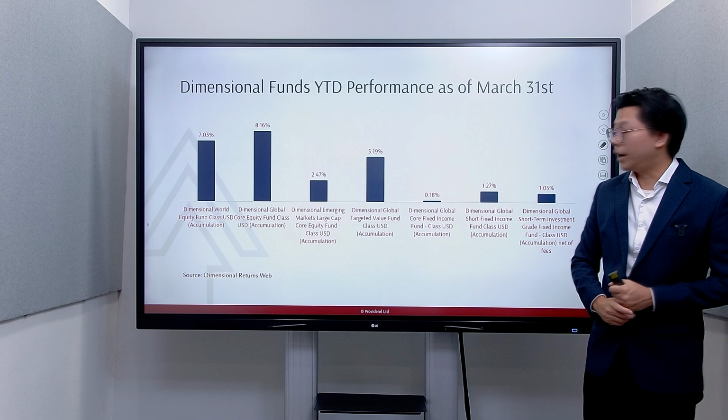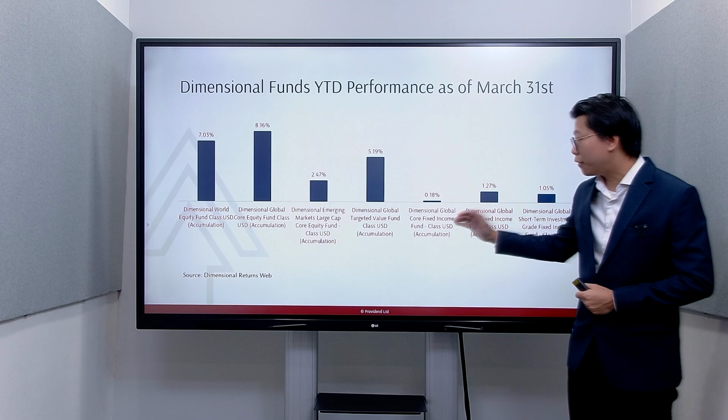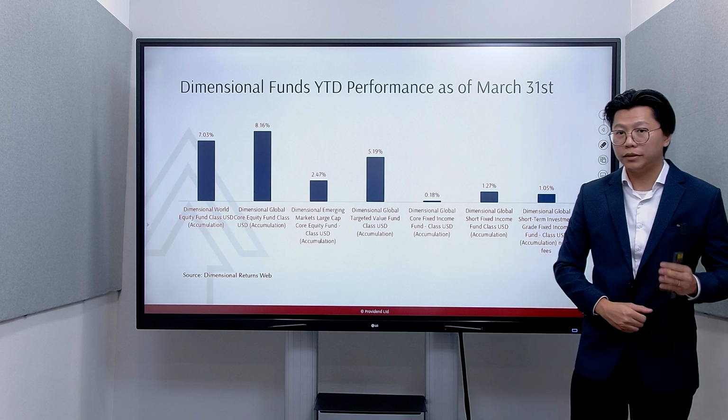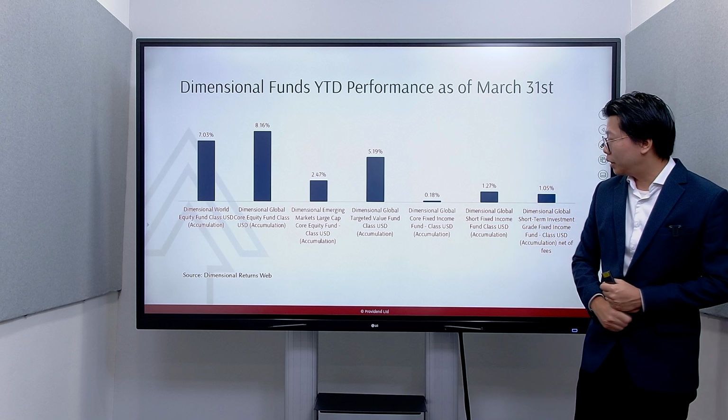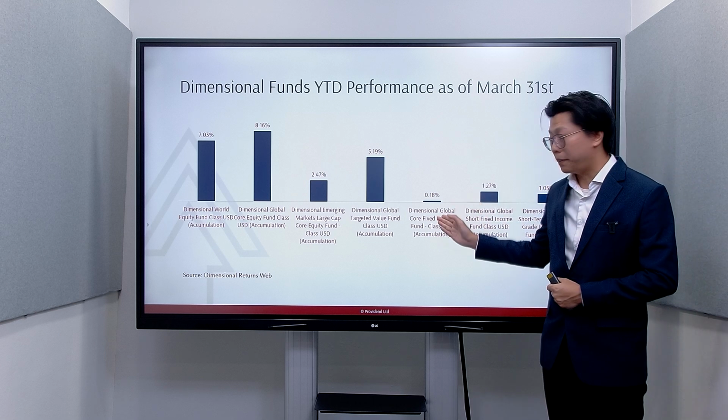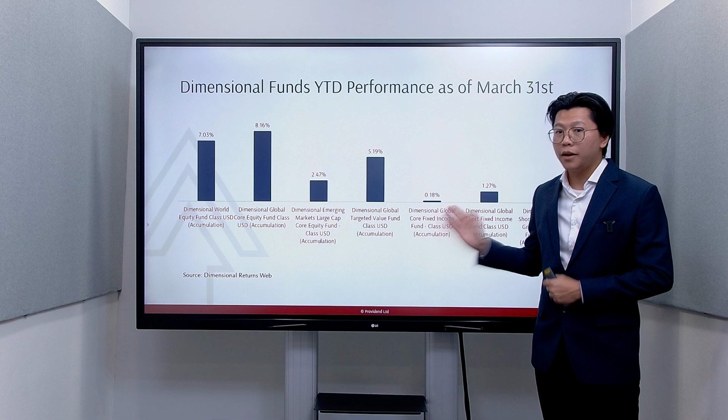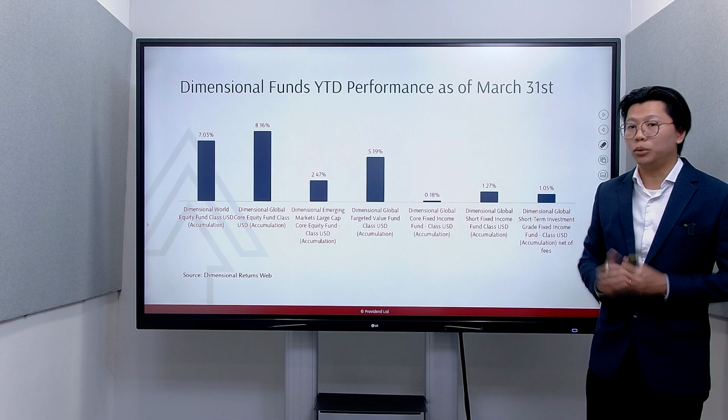Going into fixed income, Dimensional Global Core Fixed Income actually did better than the Bloomberg Global Aggregate: 0.2% for the Dimensional Global Core Fixed Income versus 0% for Bloomberg Global Aggregate.